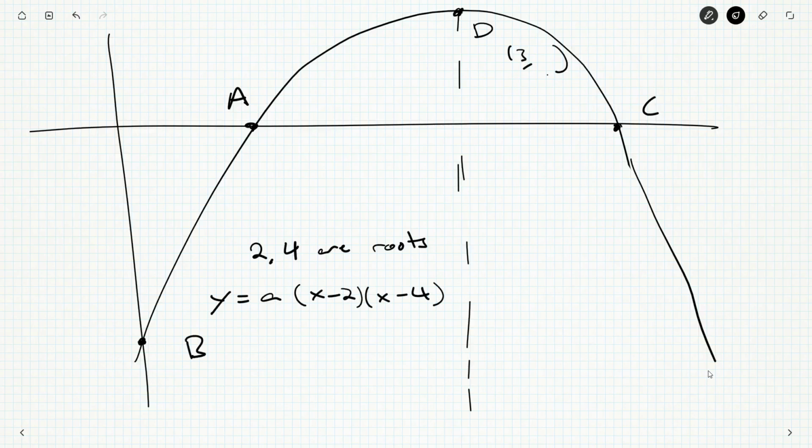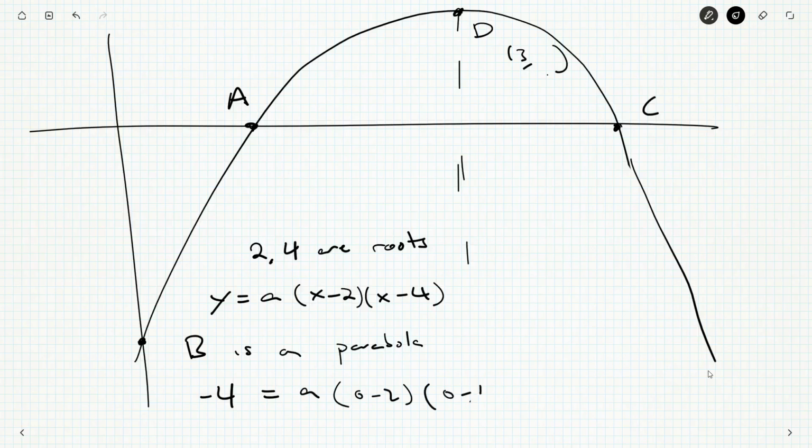Okay, but we know B is on the parabola. And we know that B has coordinates (0, −4), so plug those in. And I will get a times −2 times −4. So a should be −1/2. And it's a downward-facing parabola, so we would expect a negative a value.